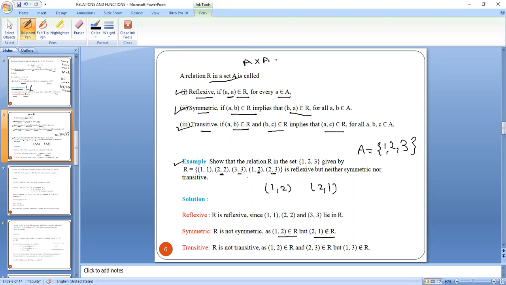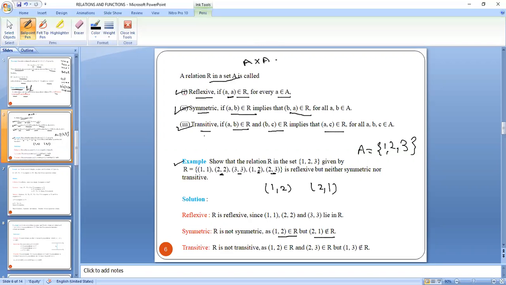If a single ordered pair is present such that its reverse is not present, we will say that the relation is not symmetric. By the definition, (A, B) belongs to R implies (B, A) should belong to R, right?